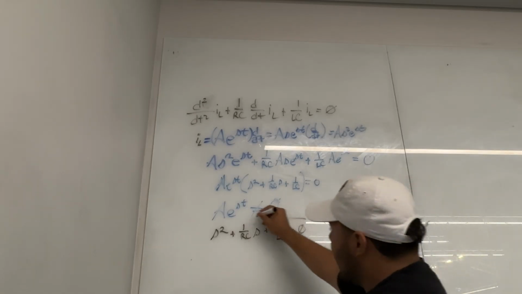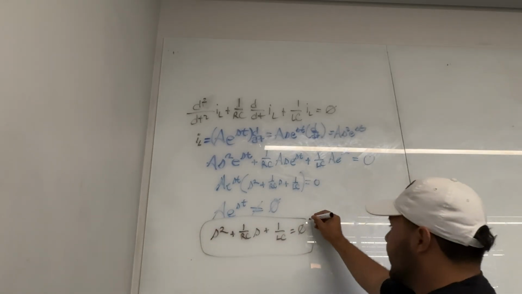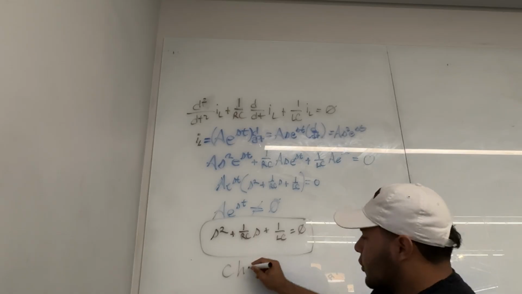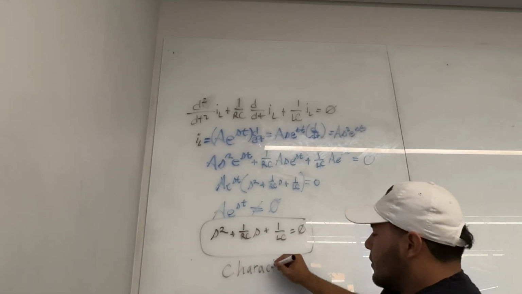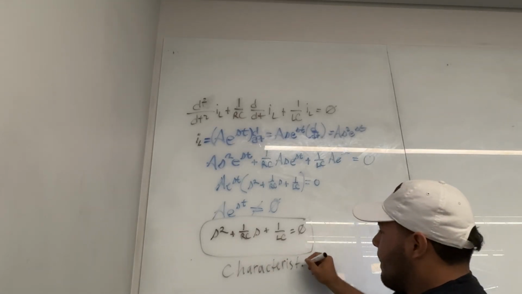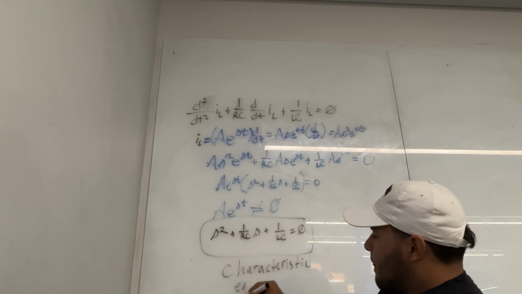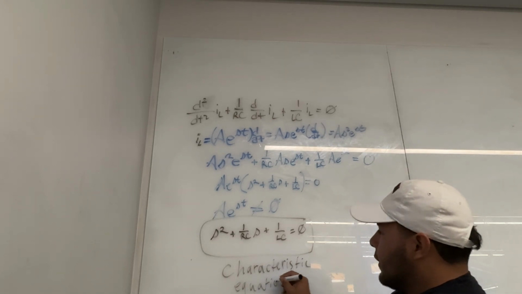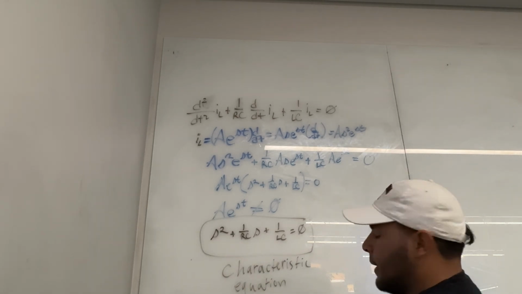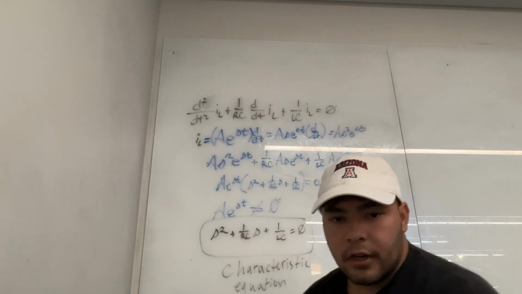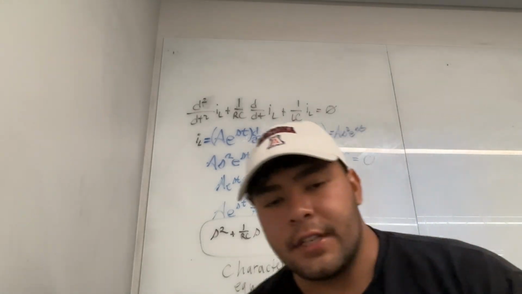Okay, and that, ladies and gentlemen, is how you find the characteristic equation of an RLC circuit in parallel.